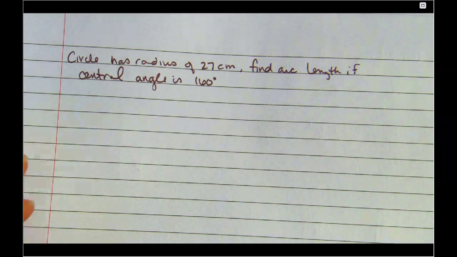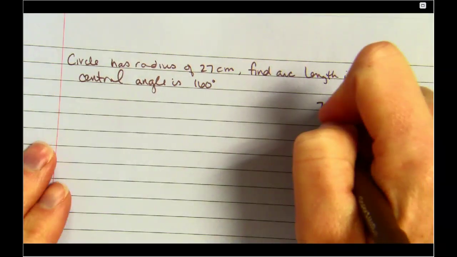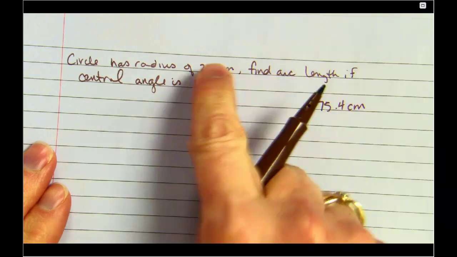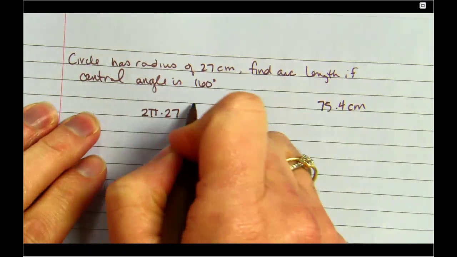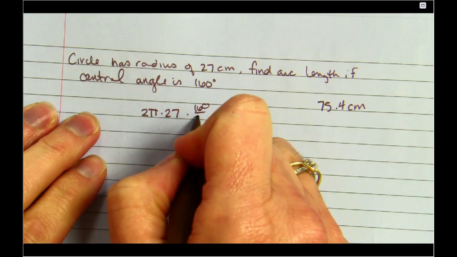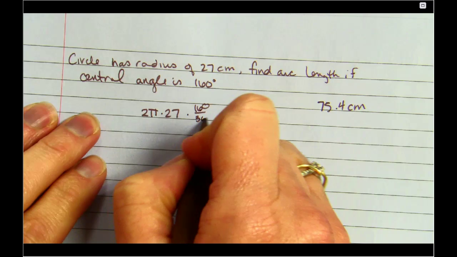What do you get? 75.4, and that would be centimeters because this is centimeters. So it's the circumference, 2 times pi times radius, times the fraction of the circle, which is 160 out of 360.